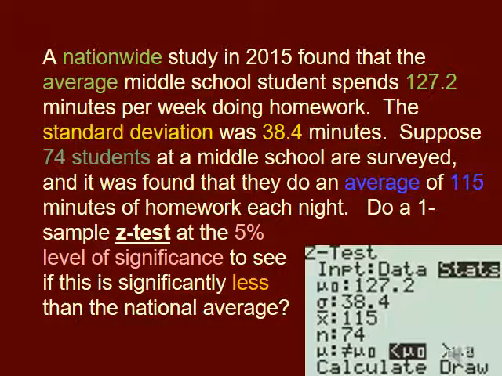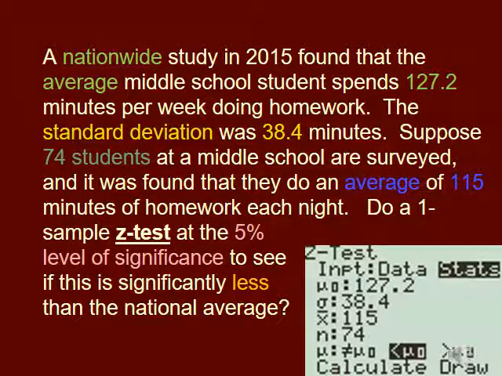What I've got to do is turn those numbers in the problem into the things that I put on the screen. If you look through this, we had the nationwide average of 127.2, so that's that mu0 that goes on the first line. The standard deviation is 38.4.